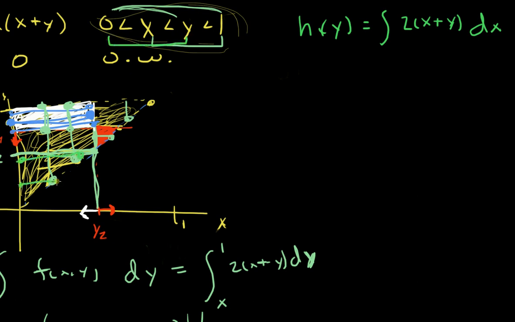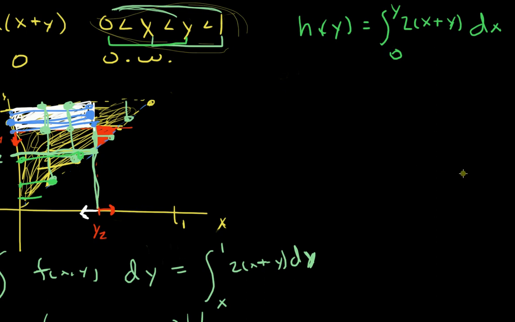Remember, x moves from left to right. Between 0 and y. Okay? And then once you have your answer, don't forget to write that y goes between 0 and 1, and the value of the PDF is 0 otherwise.